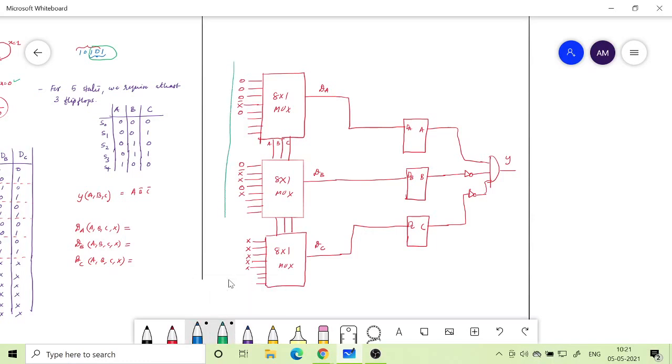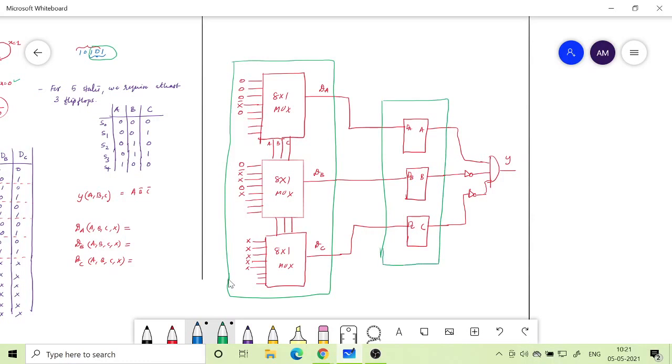let me just draw blocks. This is my combinational circuit, the combinational circuit part, and then this is my storage element, and finally I have one more block, which is another combinational circuit, which only depends upon my combinational circuit.